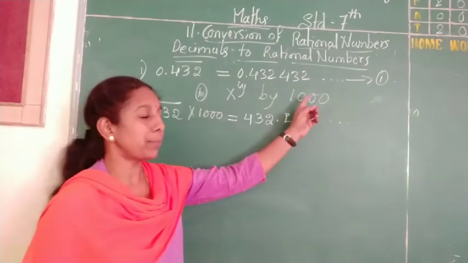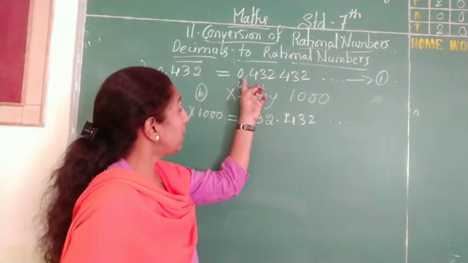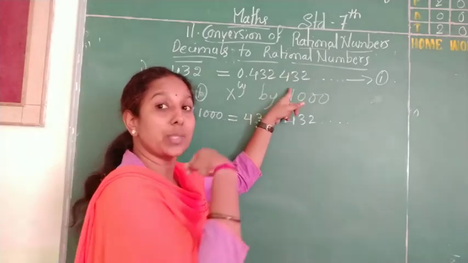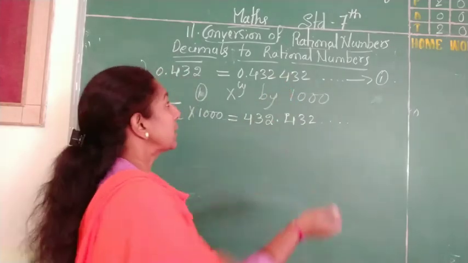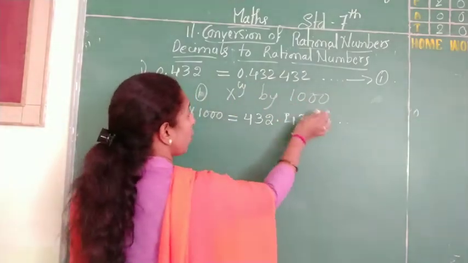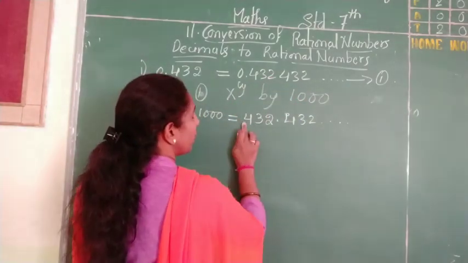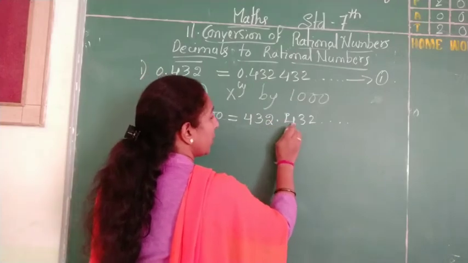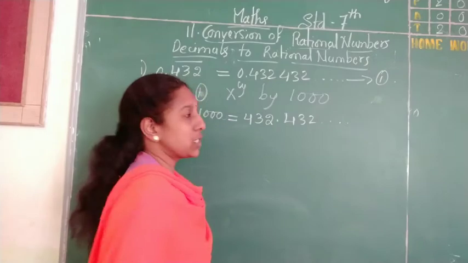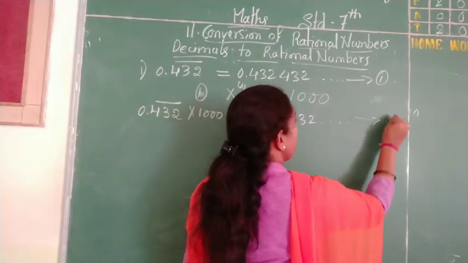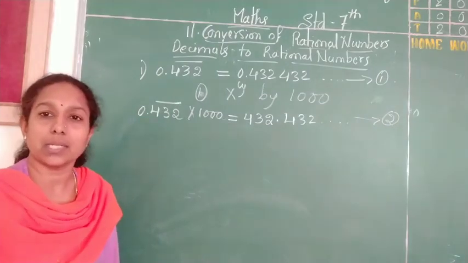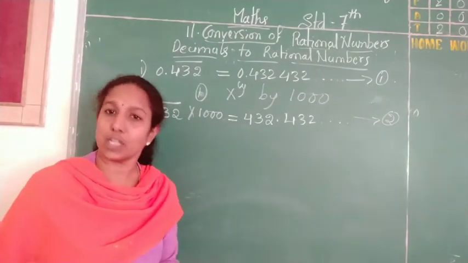Because I am multiplying by 1000, the decimal point will move 3 places to the right. So this equation I am considering as the second equation.